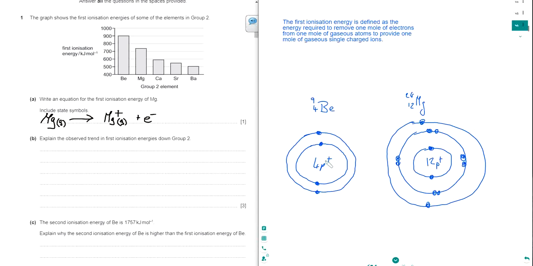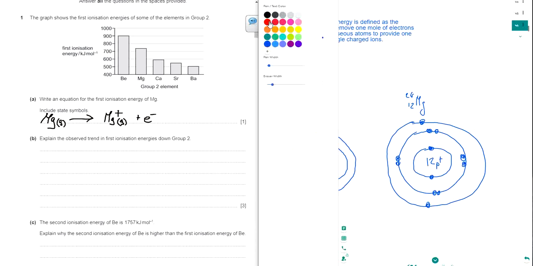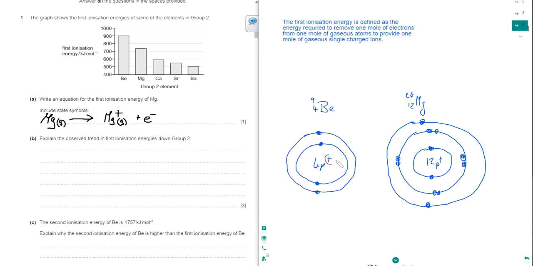We have our positively charged nucleus, and at the moment we have 4 positive charges here in this nucleus, and these positive charges attract the electrons. So if we want to remove an electron, we need to overcome this force of attraction of the opposite charges, since electrons are negatively charged, as you know.